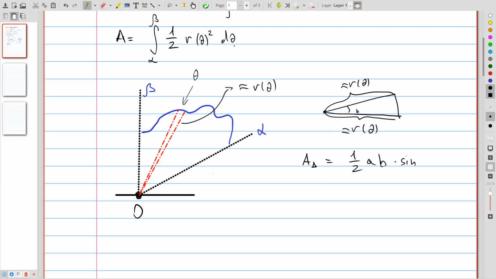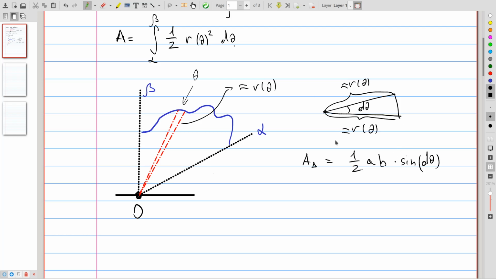And this angle here is delta theta. Let's write d theta for it. Eventually it does become d theta if you take delta theta to 0, and I don't want to write delta theta to prevent confusion with this delta here denoting the triangle. In any way, you have something of this form. Each of these very thin, very long triangles has area given by this expression.